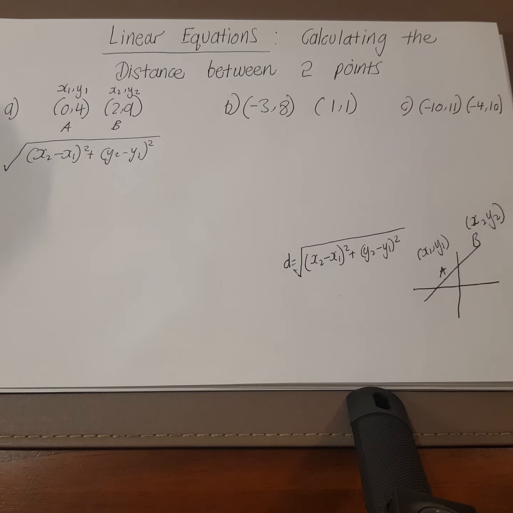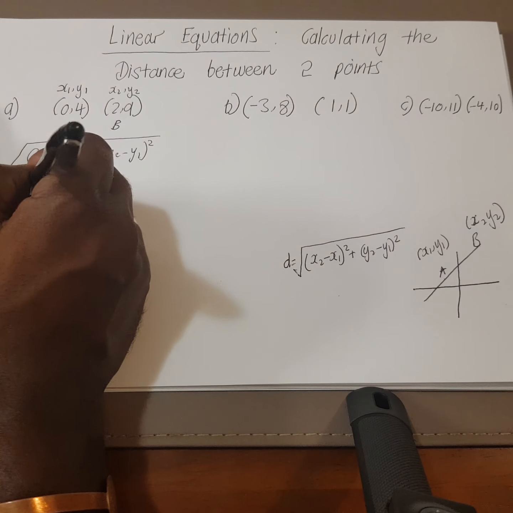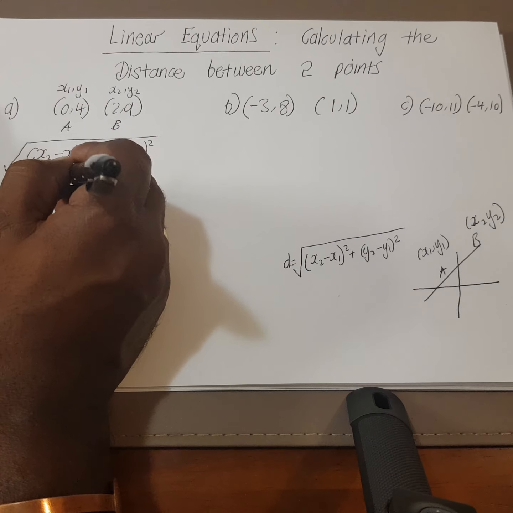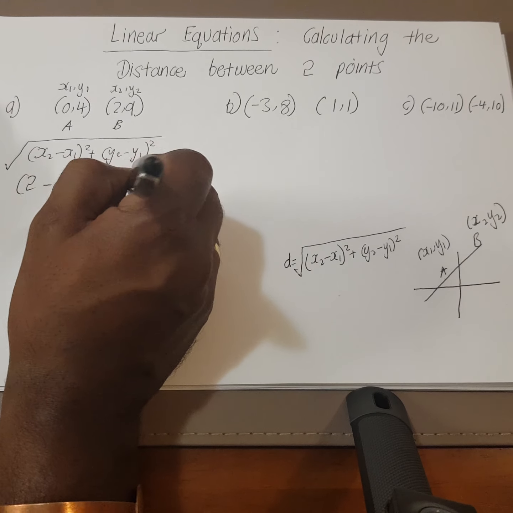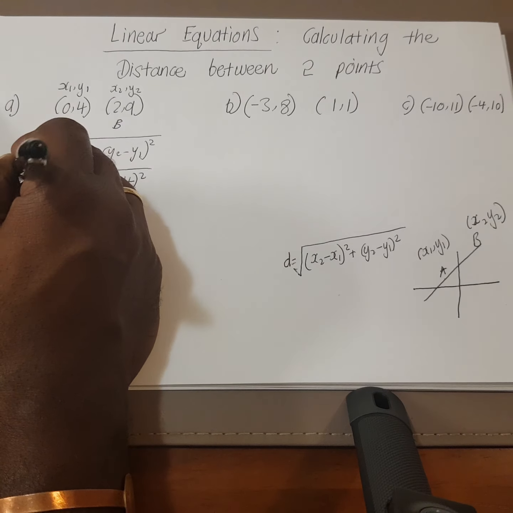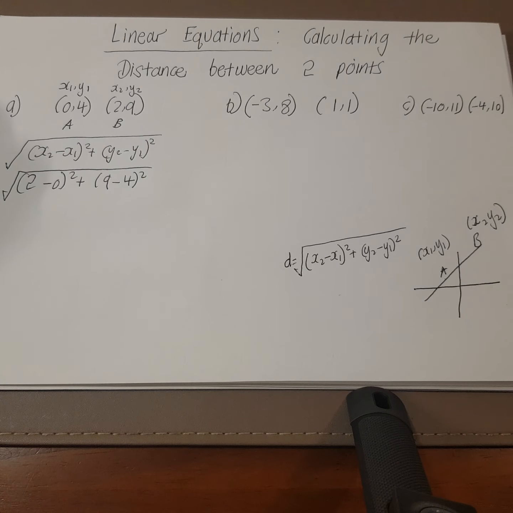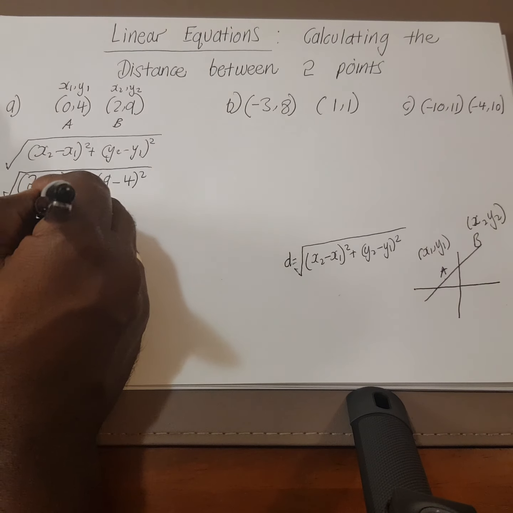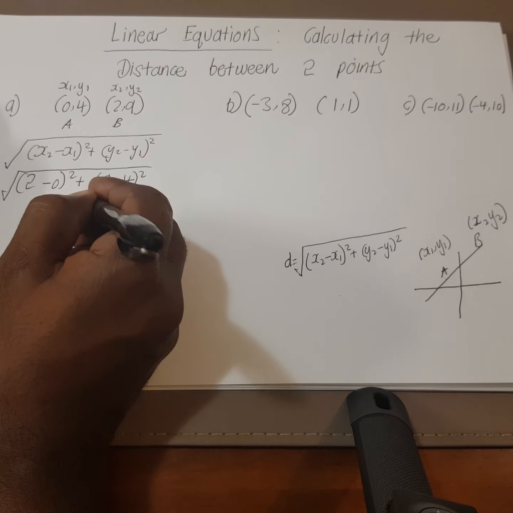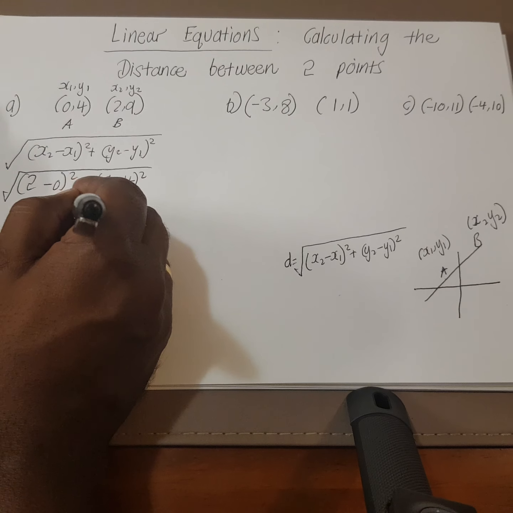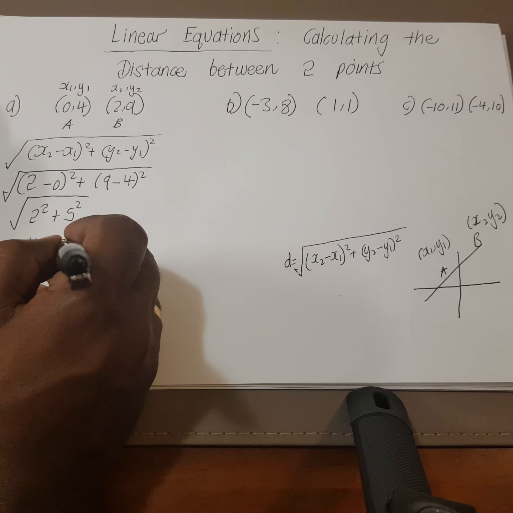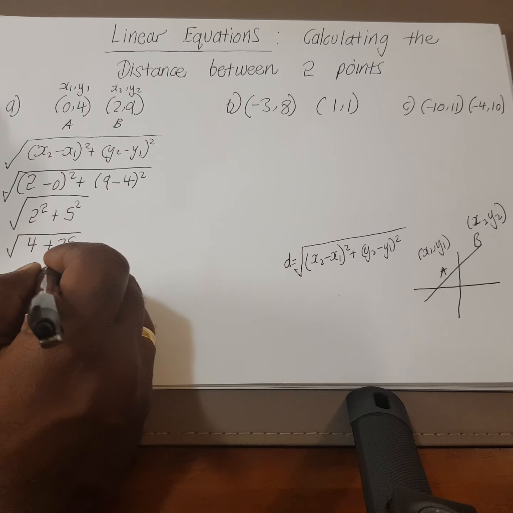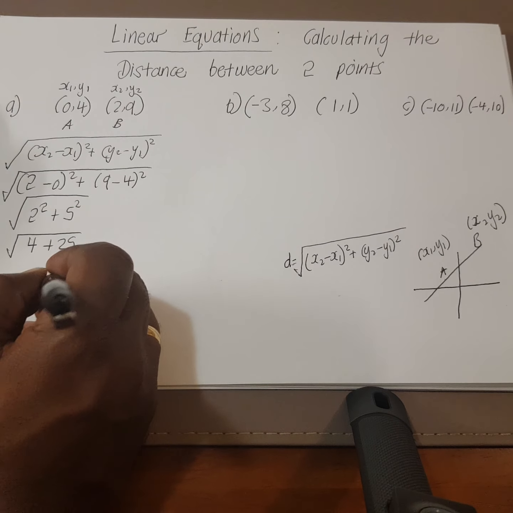So what is x2? 2 minus 0 squared. And what is y2? 9 minus 4 squared. Then 2 minus 0 becomes 2 squared, and 9 minus 4 is 5 squared, and that's 4 plus 25, and the answer is the square root of 29.